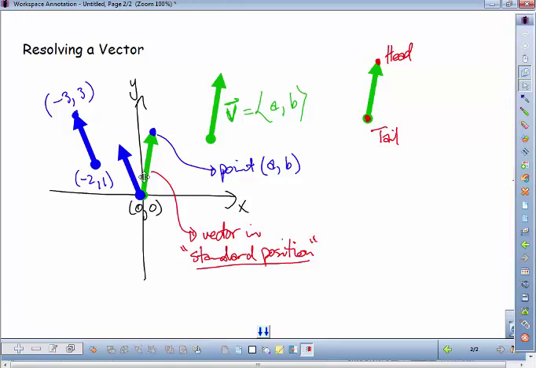But instead of doing that graphically, can we somehow find a way to resolve the vector without moving it around like this? And how would we do that? Yeah? I was just thinking about it. I'm moving left 1 unit and up 2.